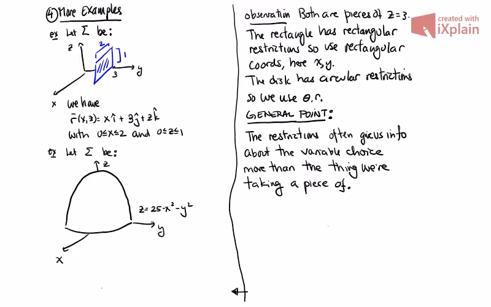And the surface is going to be a rectangular piece of this. Think of it like a band-aid on top of the surface. This sigma will have rectangular restrictions on x and y.